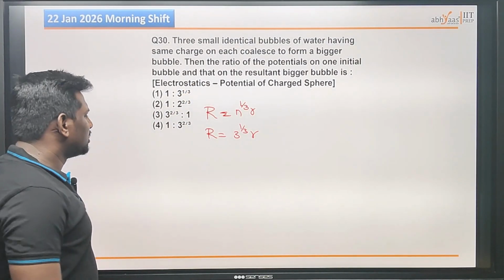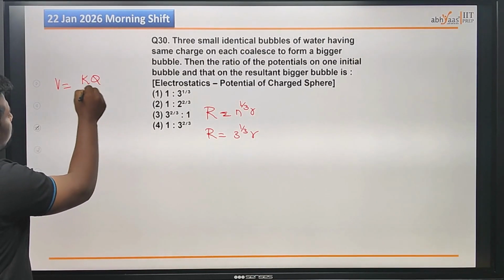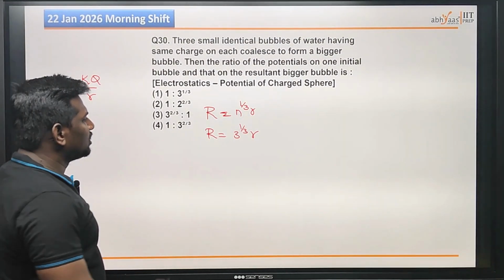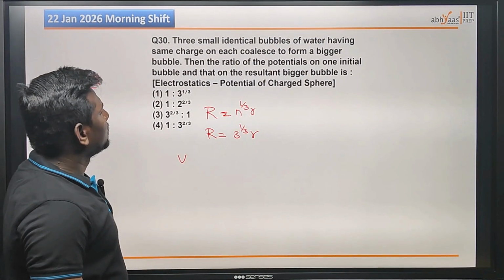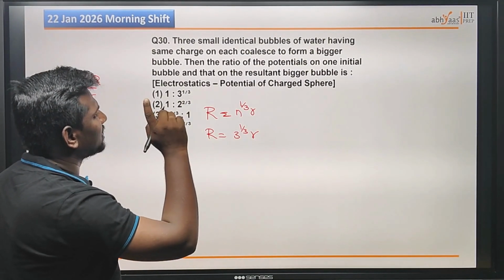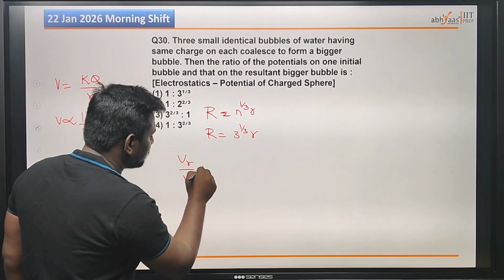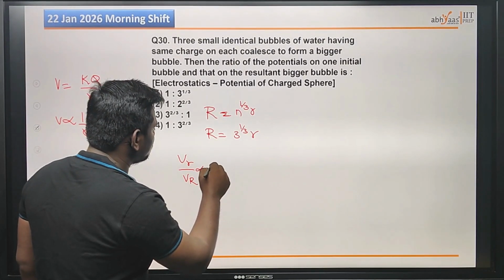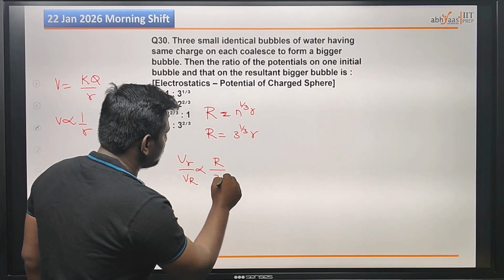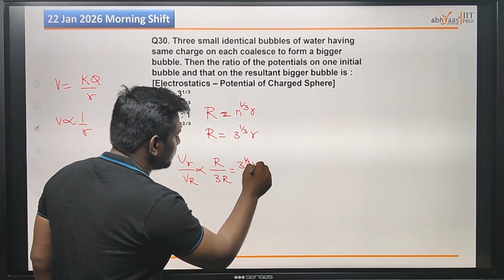What they are asking? Ratio of the potential. We know that potential can be written as KQ by R, so potential is inversely proportional to R. So the potential of one initial bubble to that of the resultant bigger bubble, V_r by V_R, is inversely proportional, r by 3 to the power 1 by 3 r.